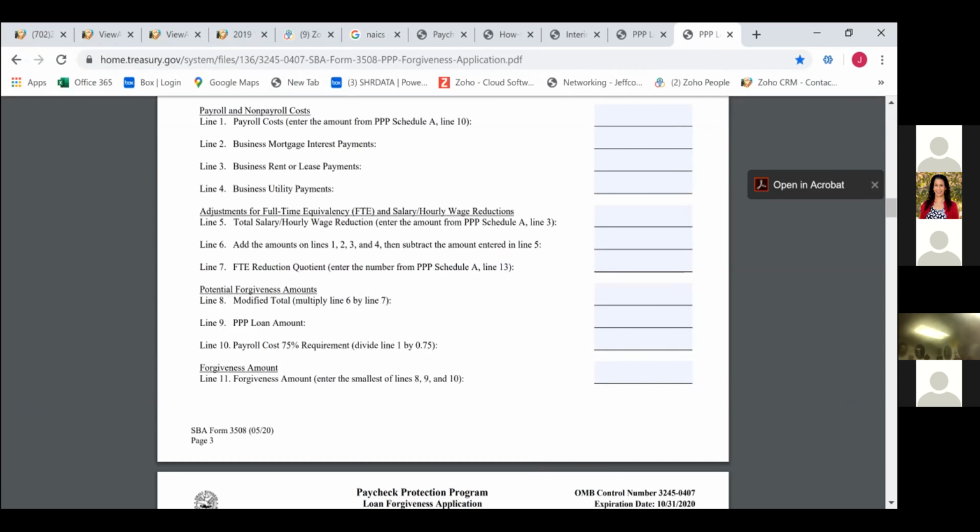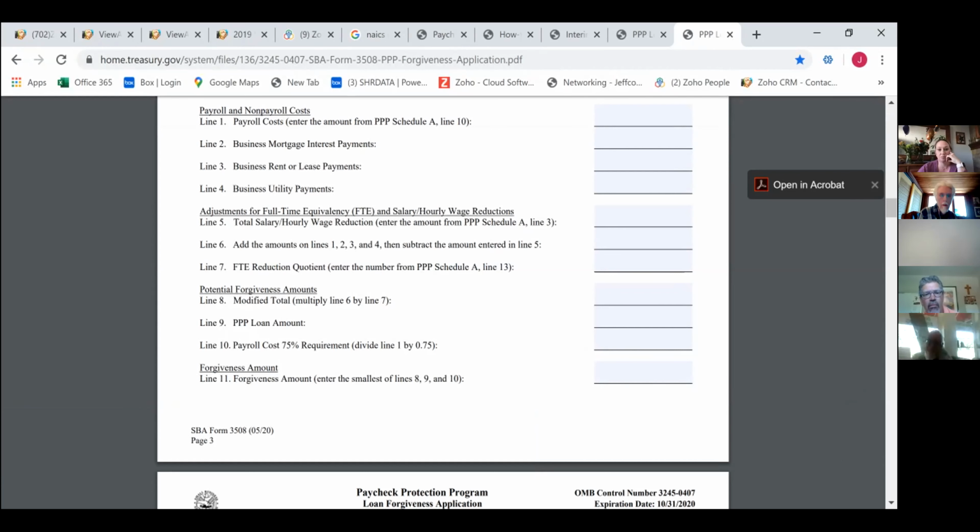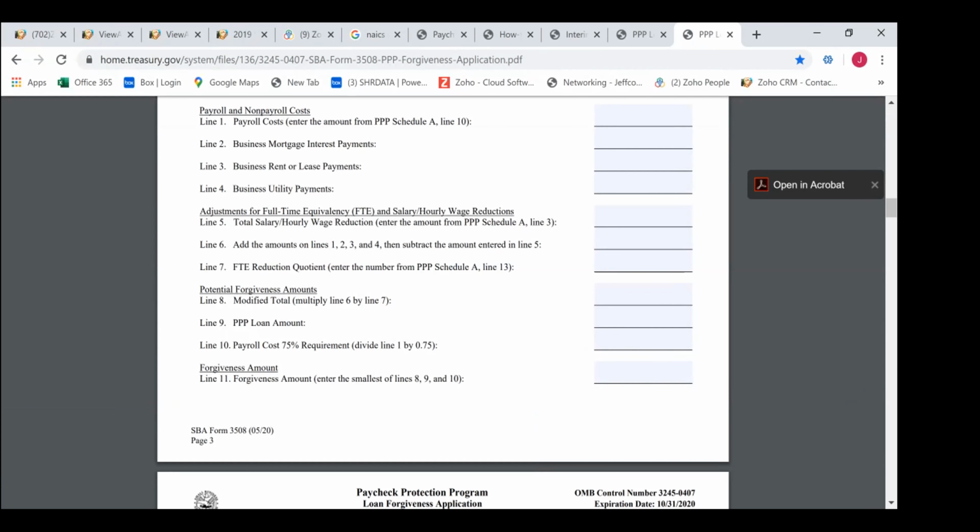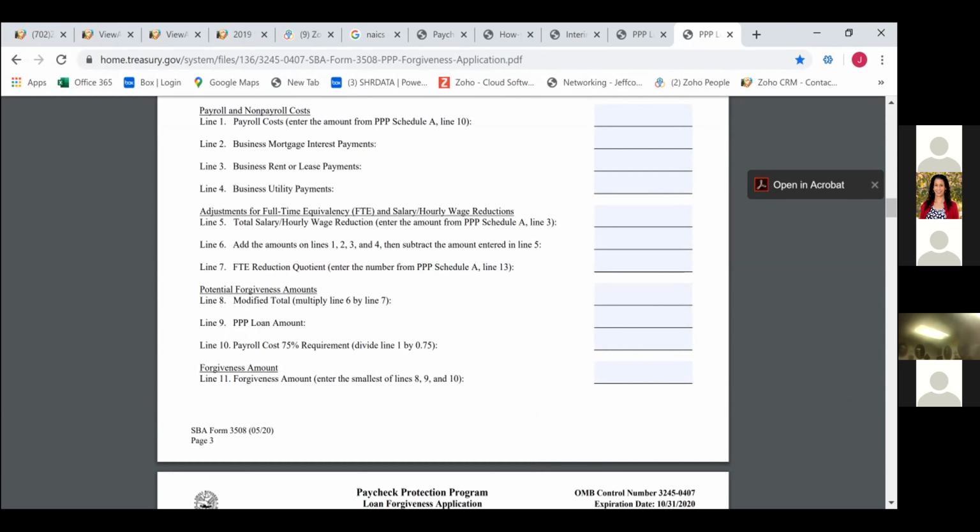And is that per pay period, or is that total? 15,385 is total. That's the total over the 8-week covered period during which dollars can be converted from a loan to a grant under the CARES Act, and that's the intent of what everybody's trying to do. So for all intents and purposes, 15,385 is the number that normally would be used, because most business owners are paying themselves nowhere near $100,000 per year, at least the ones I'm working with.